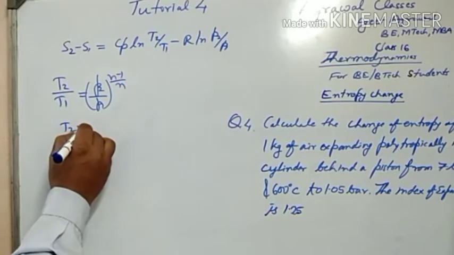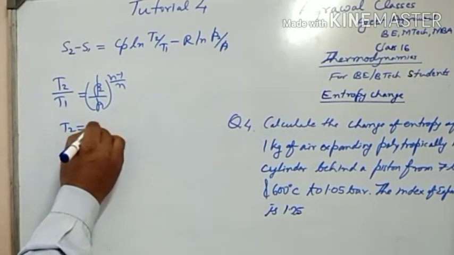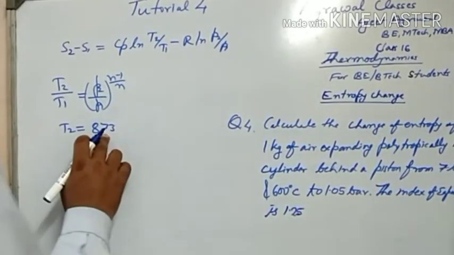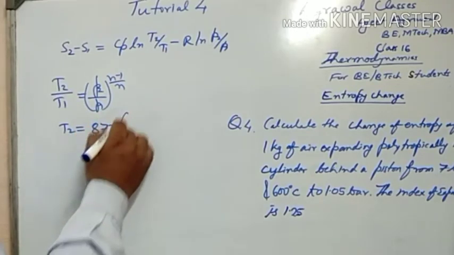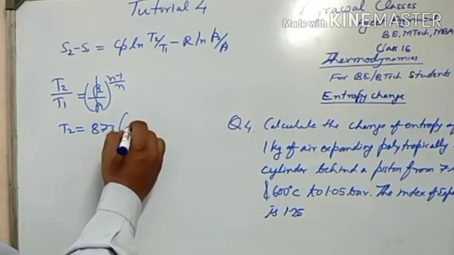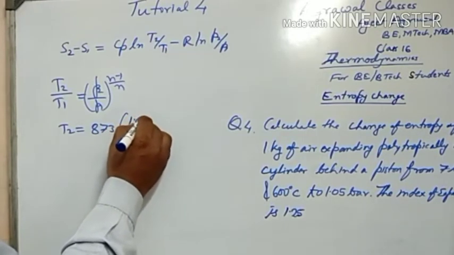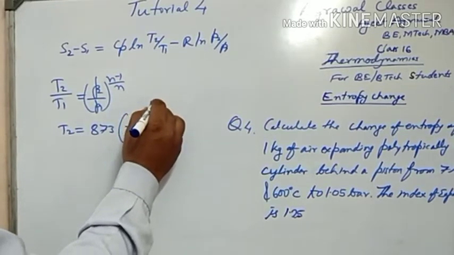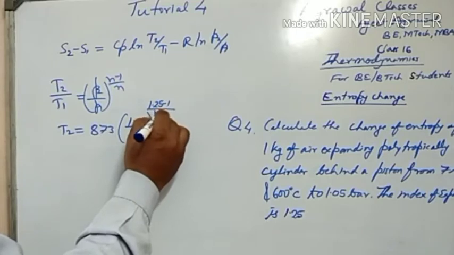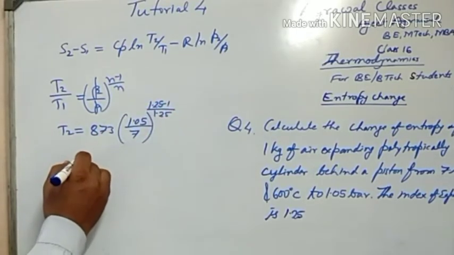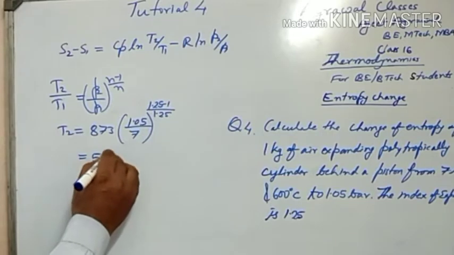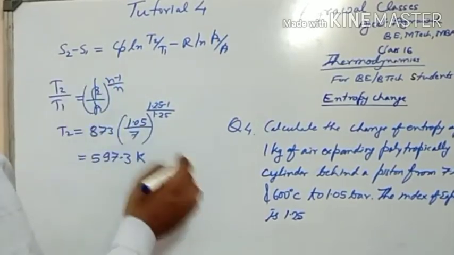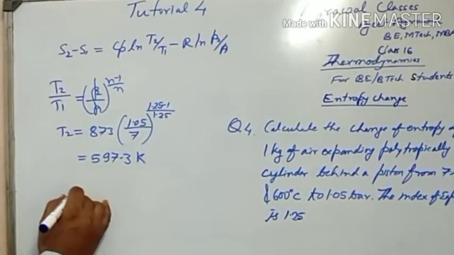T2 will be equal to 873, remembering that 600 degrees centigrade is given so we add 273 to make it Kelvin, into (P2, which is 1.05, divided by P1, which is 7 bar) to the power (1.25 minus 1) divided by 1.25. When you solve this, the temperature comes out to be 597.3 Kelvin.